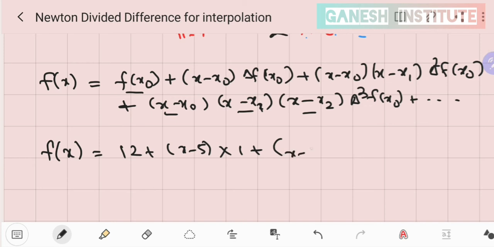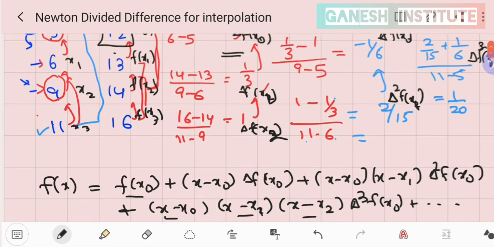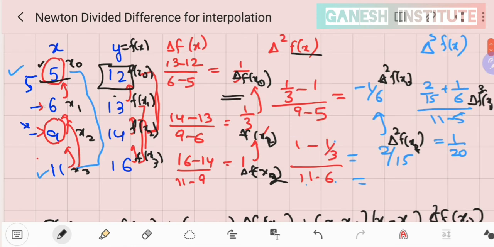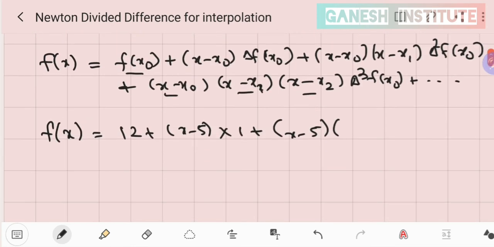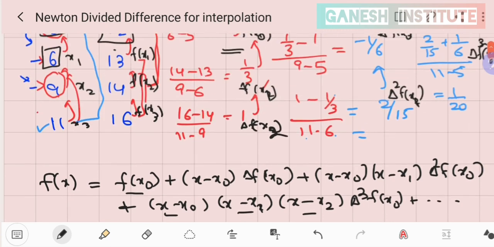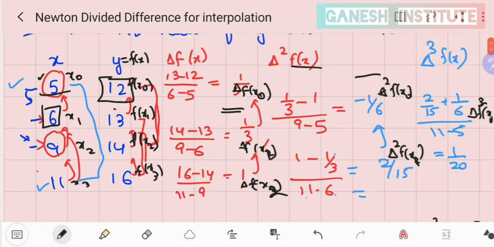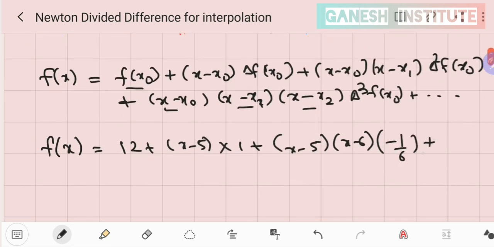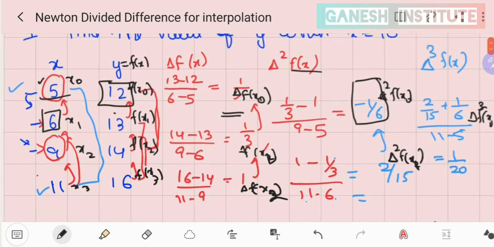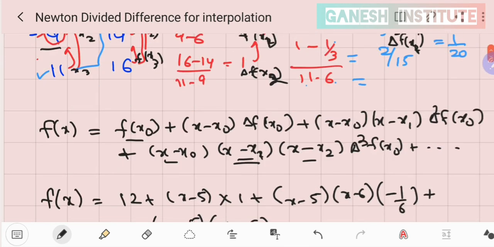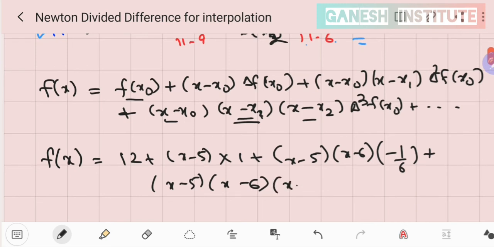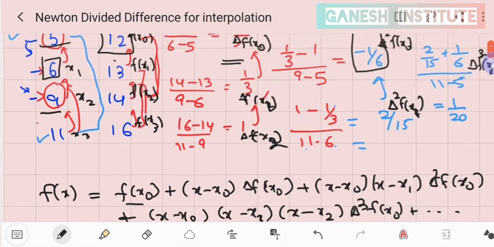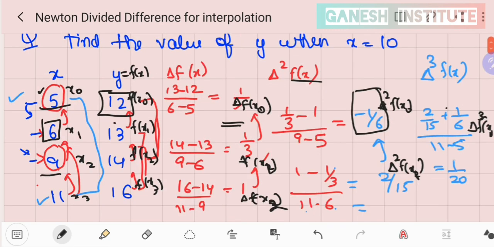Plus x minus x0 is the same, x minus 5. Then x minus x1, which is x minus 6. Then del square fx0, which is here, minus 1 by 6. Plus x minus x0 is the same, x minus 5. x minus x1 is x minus 6. Then x minus x2 is x minus 9, right? Then del cube fx0 is what? Here, 1 by 20.